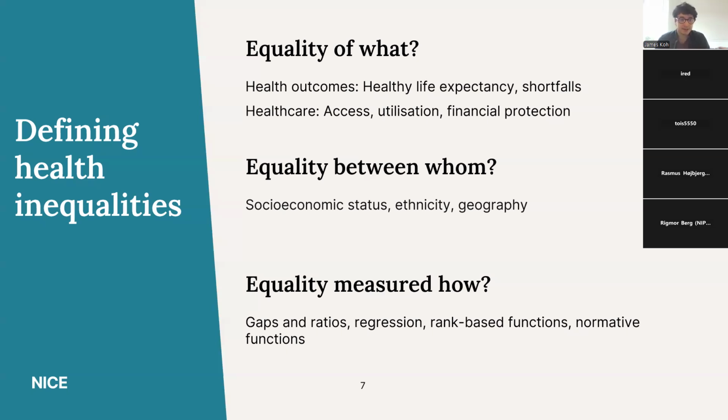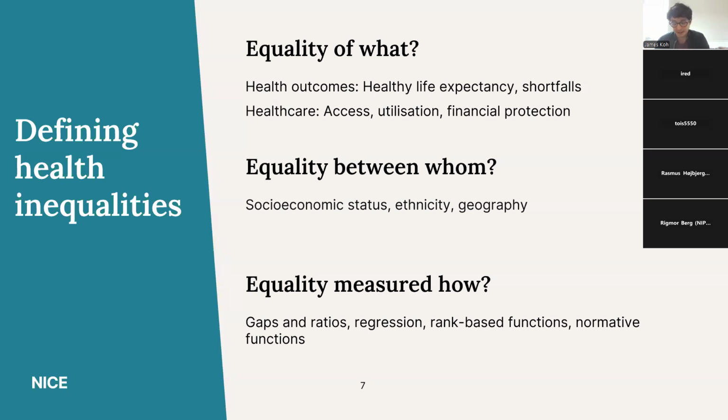I've also listed a third question here, which is a technical question, and that is, how do you measure inequality? There's a huge amount of literature that's been dedicated towards this. It could be anything as simple as a gap between two groups or a ratio, regression-based measures, or more complex types of functions that include lots of different arguments for how we weight all of the different groups.